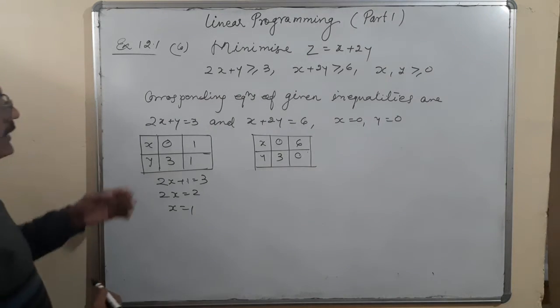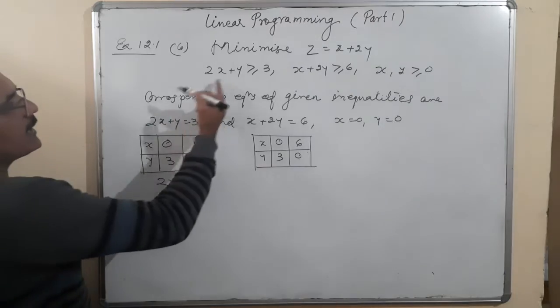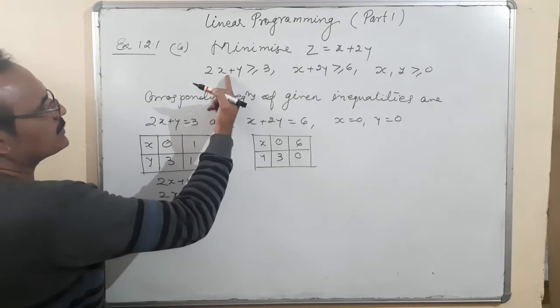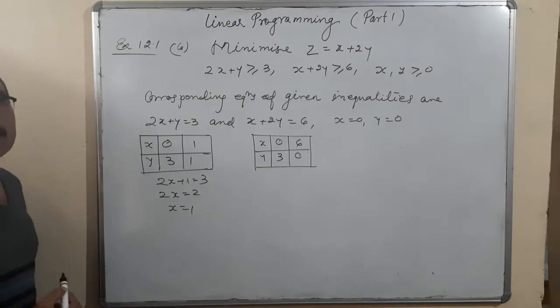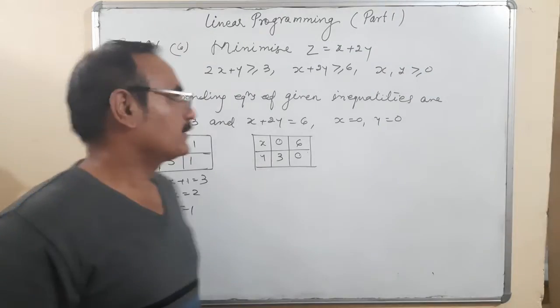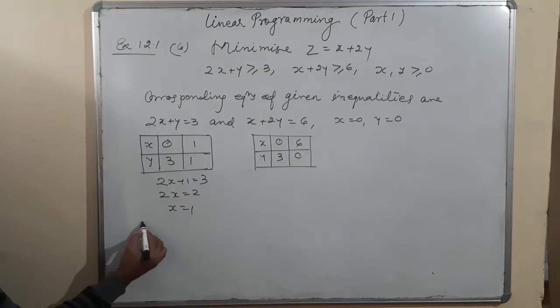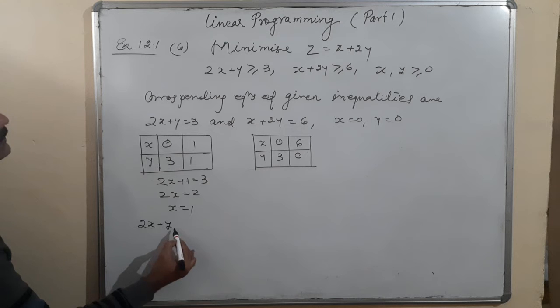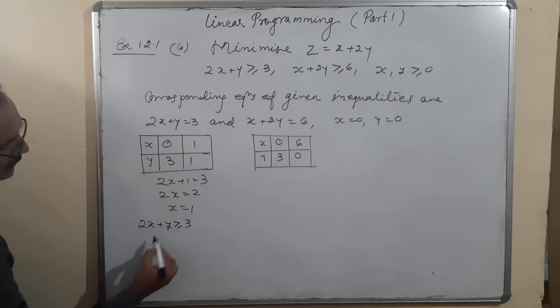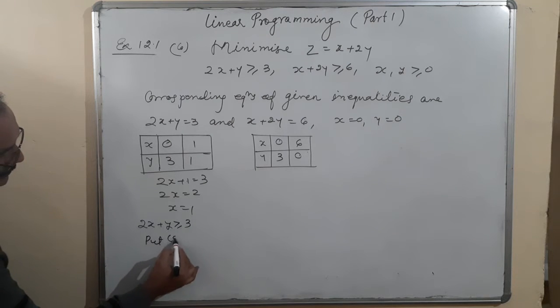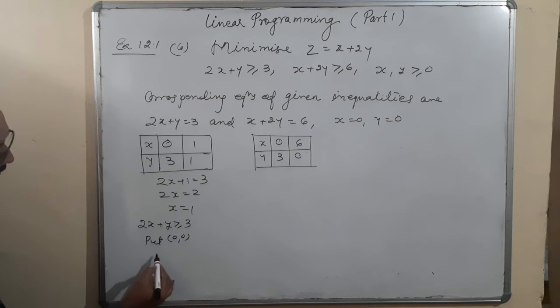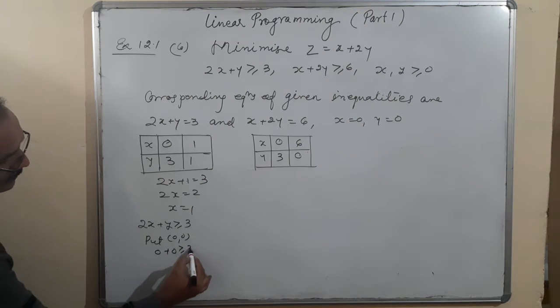Here let us see whether the origin is contained or not. So greater or equal to 0. So when I put 0, 0, 0 is greater than 0, which is not true. That means the origin does not lie in it. So here I can use 2x plus y is greater or equal to 3. Put 0, 0. Okay. So 0 plus 0 is greater or equal to 3.